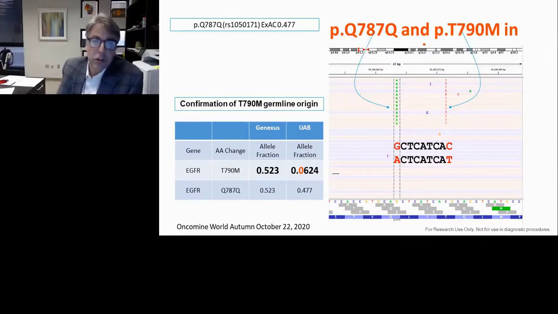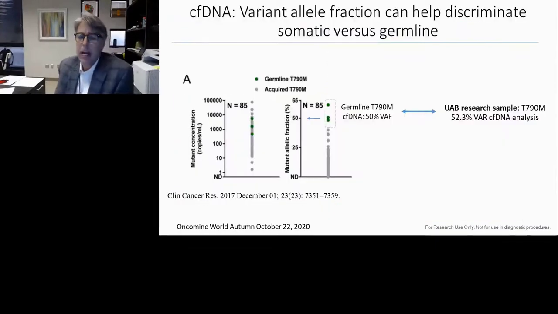So this shows us that T790M was a germline variant. We confirmed this by sequencing the blood that was paired with these specimens, and it also had approximately 50% variant allele frequency.